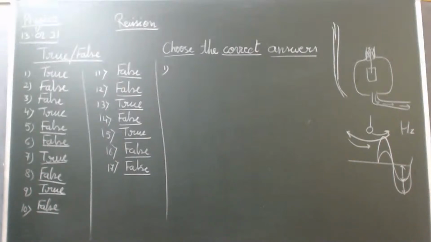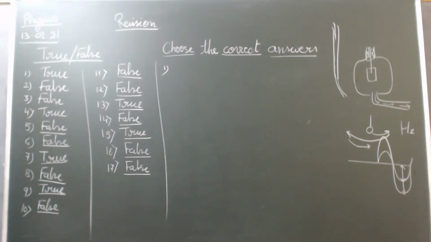Now, in the first lesson, choose the correct answers are not there. Then the second lesson, fiction, also not there. Choose the correct answer. Then sound.